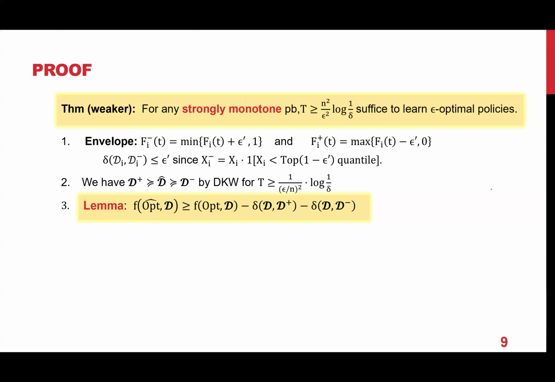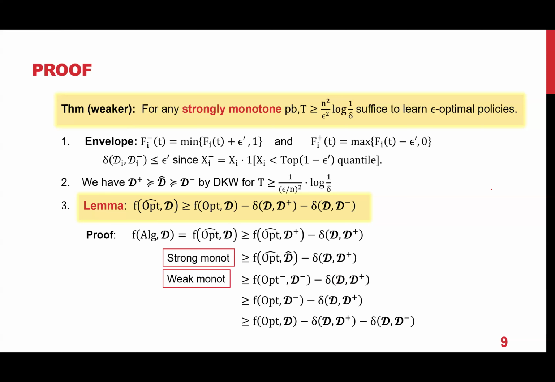I'm running a bit short on time. The proof is just 3-4 lines. Although it's just 3-4 lines, all you have to use somewhere is the strong monotonicity property. Digesting it will take a few minutes, so I'll quickly gloss over it, and the slides and everything are available to you. The algorithm is basically opt hat. The first step is an equality.